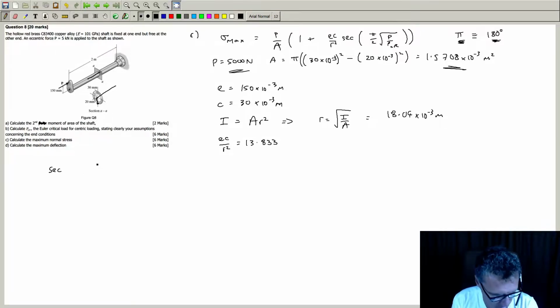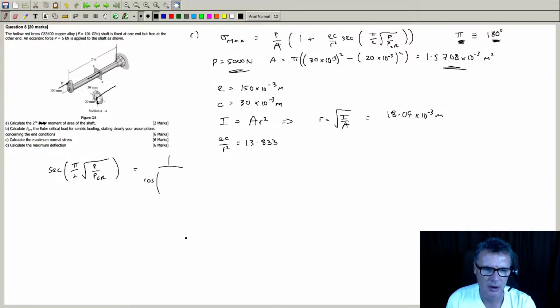Now let's work out the sec bit. So sec, you need to know, is 1 over cos. On my calculator, I didn't bother changing to radians. So I typed in 1 over cos of 90 degrees, and put in those values.